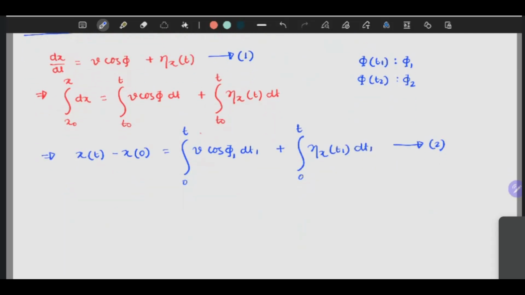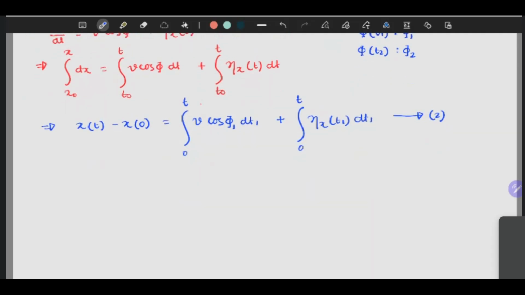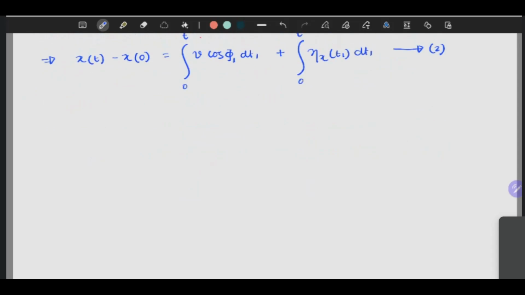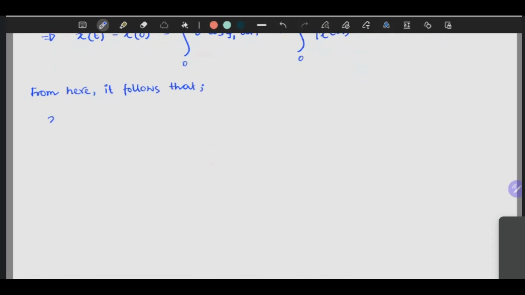So from here it follows that x of t minus x of 0 whole square, we will calculate the mean square displacement here.